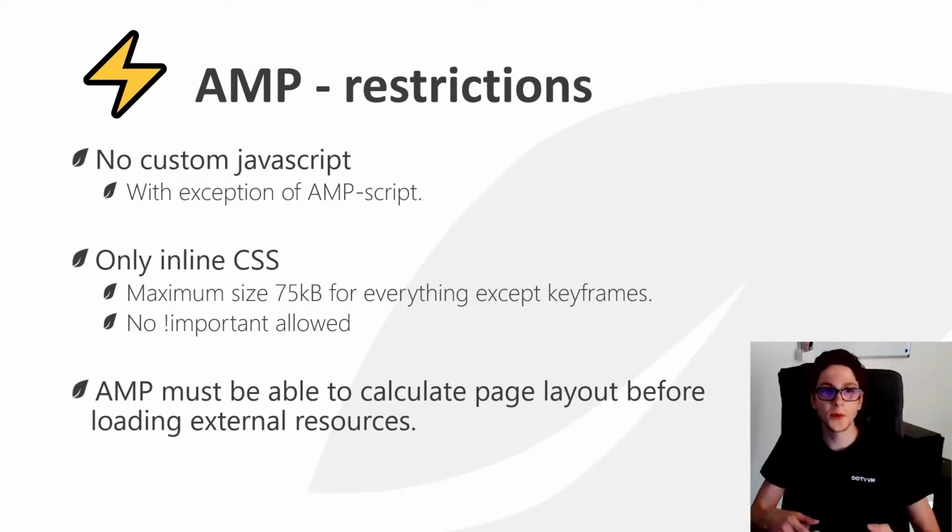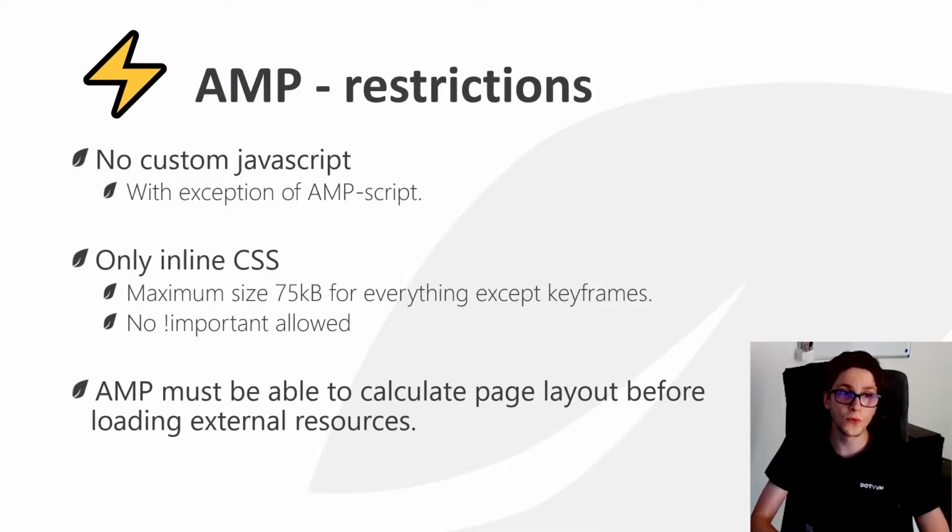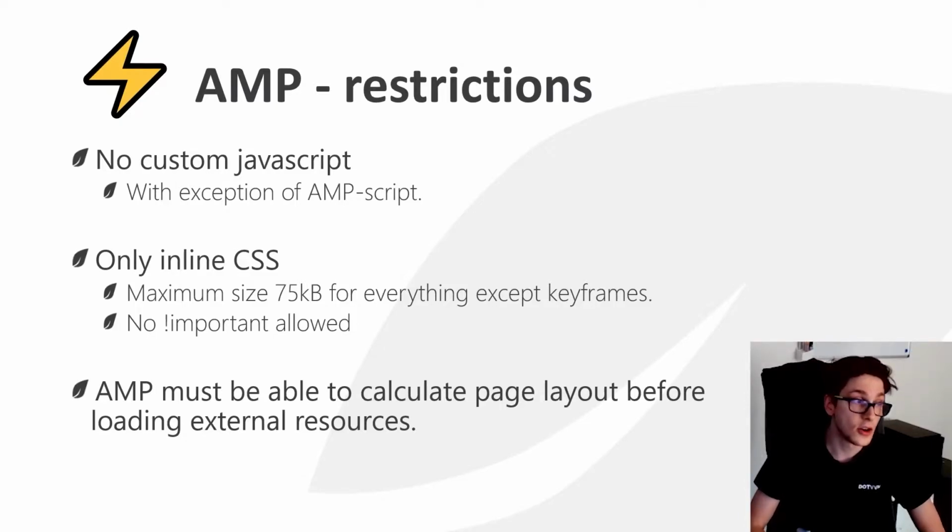But if we want to achieve such low load times, there are some restrictions we need to obey. For example, there is no support for custom JavaScript. You won't be able to use your jQuery to move elements from place to place, or nearly any library. They are prohibited in AMP.